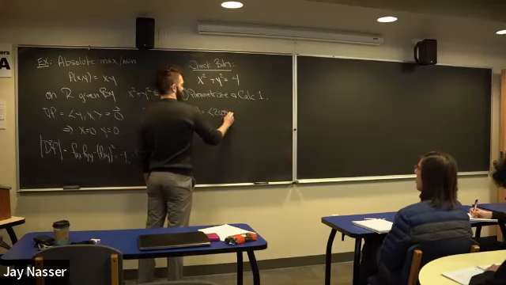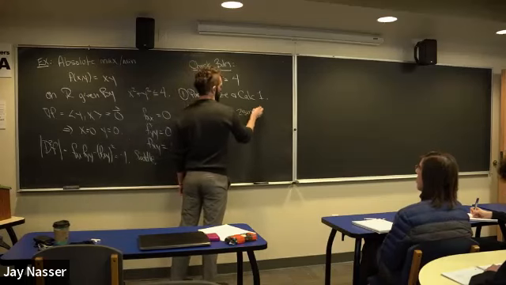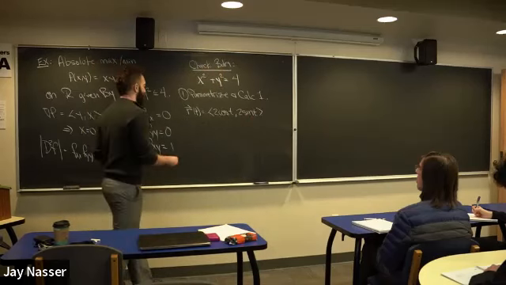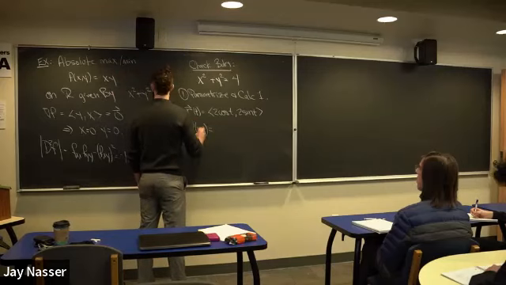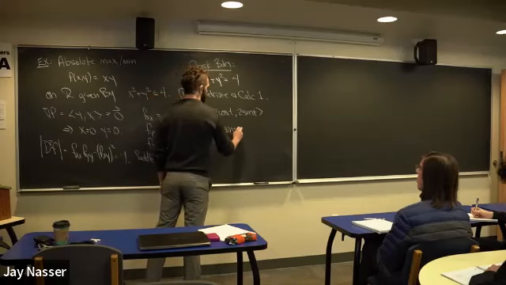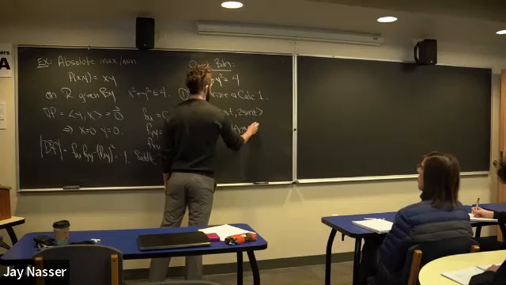Do 2 cosine t, 2 sine t. Meaning that on the boundary, our function f of x, y is going to be 4 sine t cosine t.